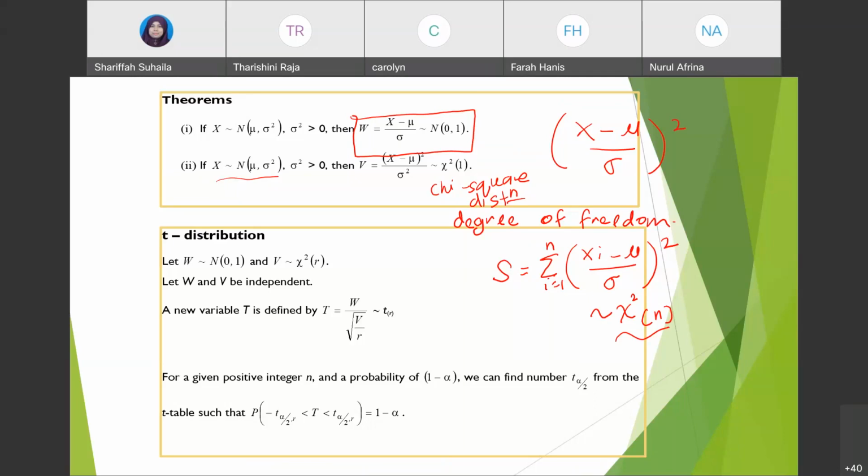Okay, so a new variable T is defined as W, so maksudnya W kamu, distribution standard normal, divided by square root V over R. Okay, V ni adalah chi-square distribution, divided by degree of freedom R. So this one will distribute as T distribution with degree of freedom R.